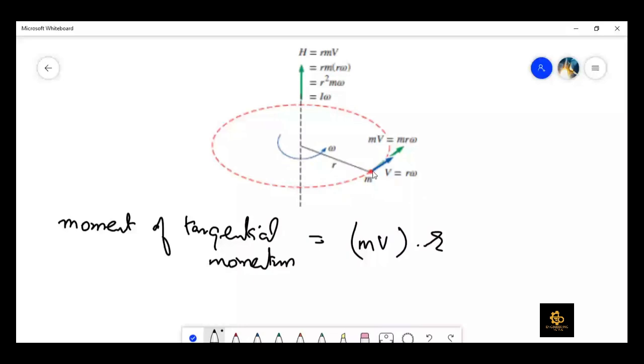Now we also know that v is equal to r omega, so we put the value here: m into r omega and then r, and from here we can see that it is r squared omega into m, right? So now this is also being called angular momentum.